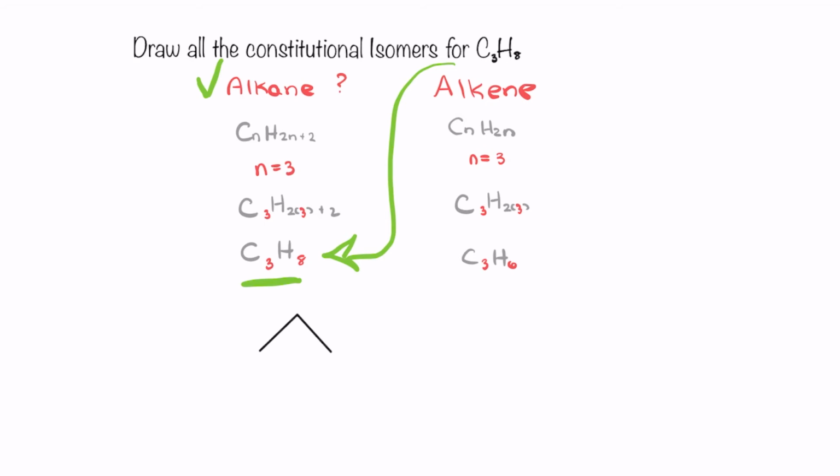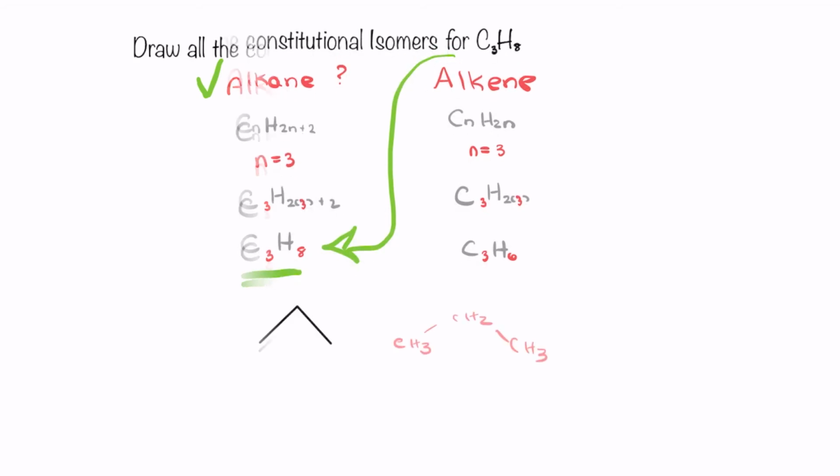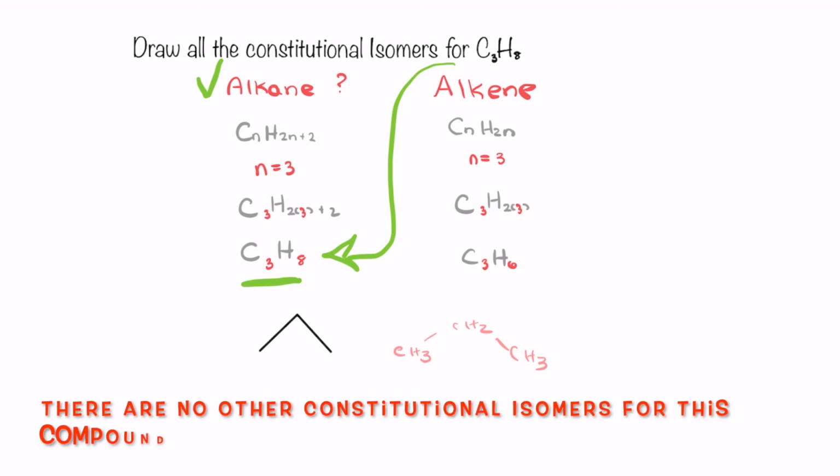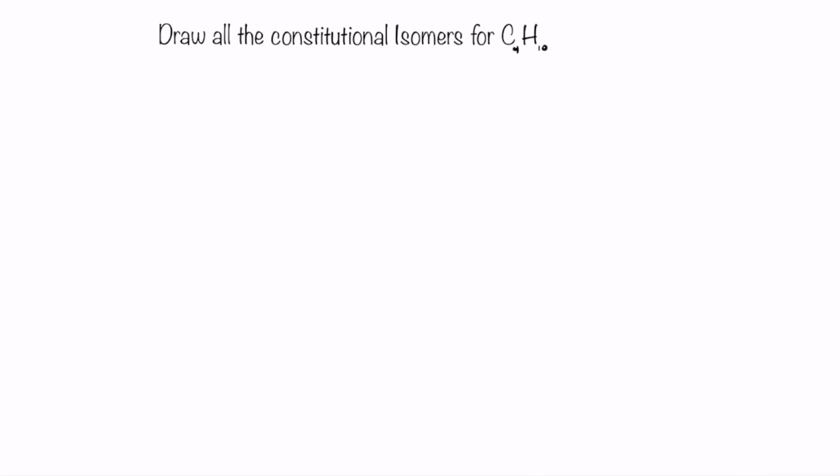And if we drew the expanded formula for that, we have 3, 4, 5, 6, 7, 8 hydrogens. So we follow the correct formula of C3H8. And so now this is really cool because this is the only constitutional isomer that you could possibly form for this molecular formula. So now I want you to take a moment to draw all the constitutional isomers for C4H10.